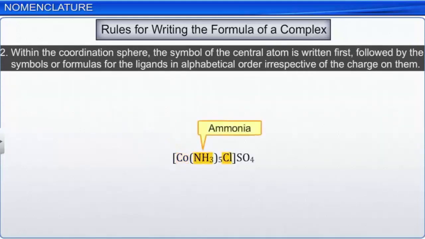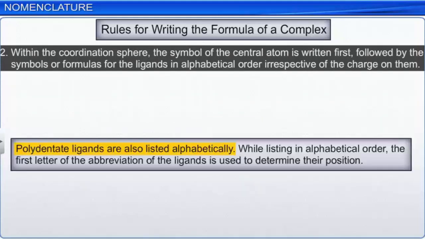First write cobalt. 2 types of ligands are there. There are 5 ammonia molecules and 1 chloride. So the alphabetical order is ammonia first, followed by chloride. If polydentate ligands are present inside a coordination entity, while writing the name, you must first consider the alphabetical order.